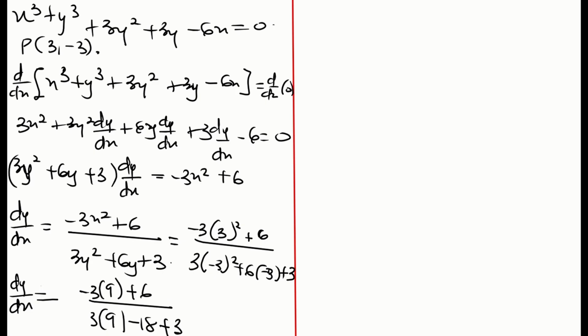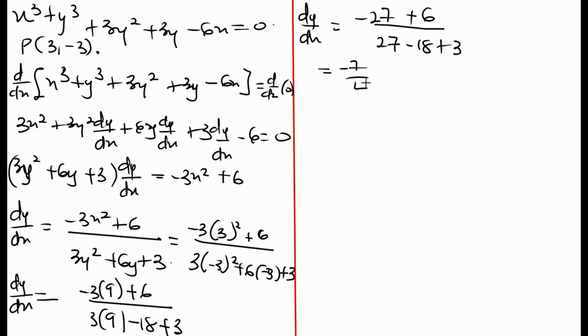Minus 27 plus 6 all over 27 minus 18 plus 3. Then our final answer is minus 7 on 4, which is the slope of the tangent.